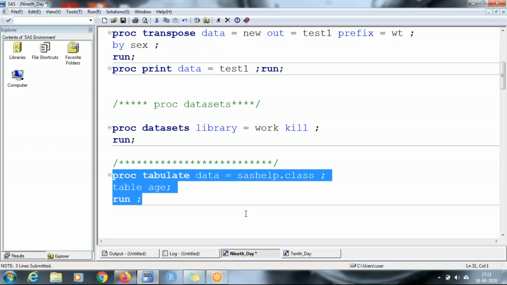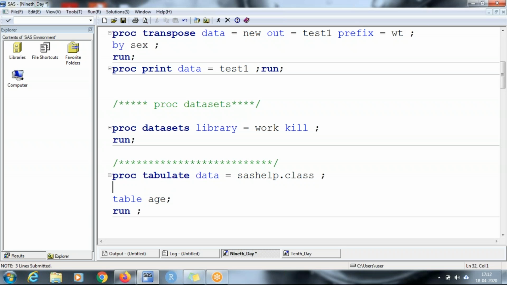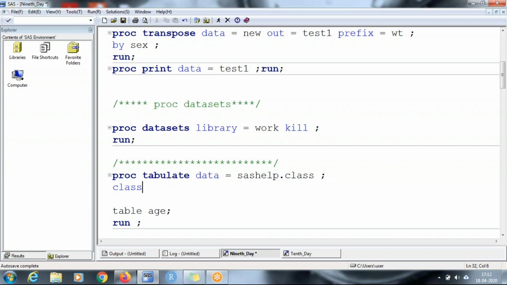When I say classify, it means you want to use it as a categorical variable, for example to divide your data into male and female, or you want to calculate their age. There are two statements to make your data known to the procedure: class and var.